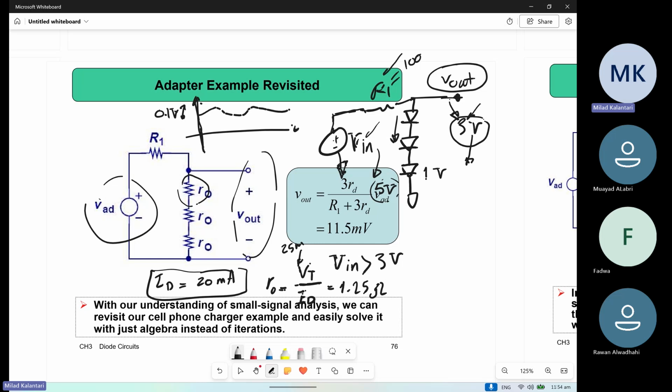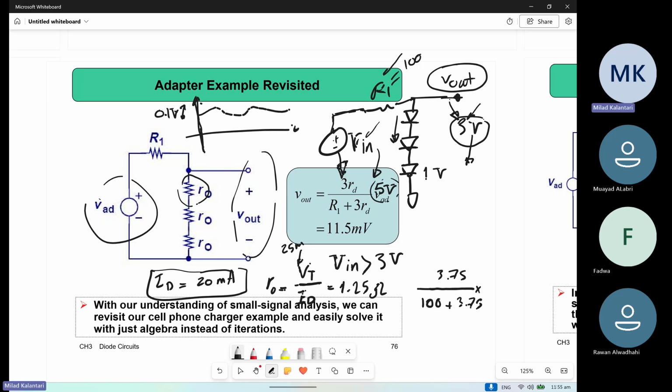So as you see here, if we continue this calculation, we were assuming that R1 was 100 ohm, right? 100 ohm plus 3.75 ohm, right?